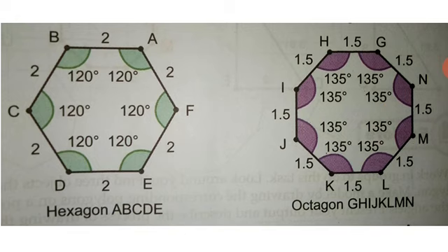That's why these two are examples of regular polygons. So I will repeat: to determine that a polygon is regular, each interior angle must be equal and each side must be equal as well.